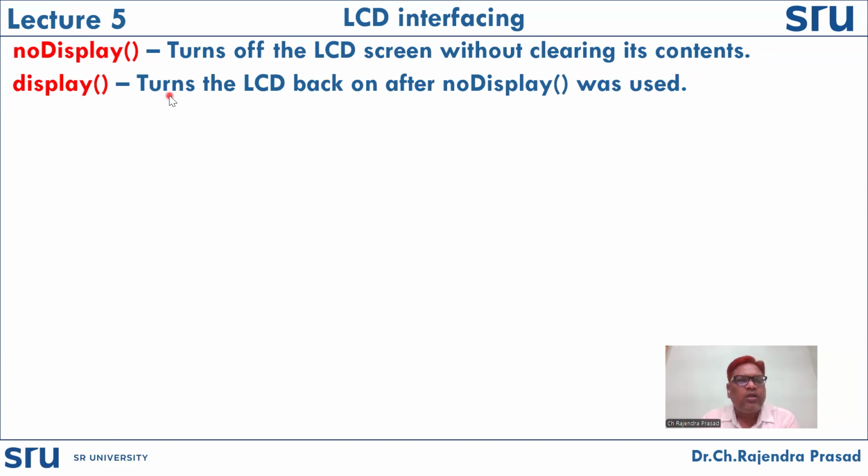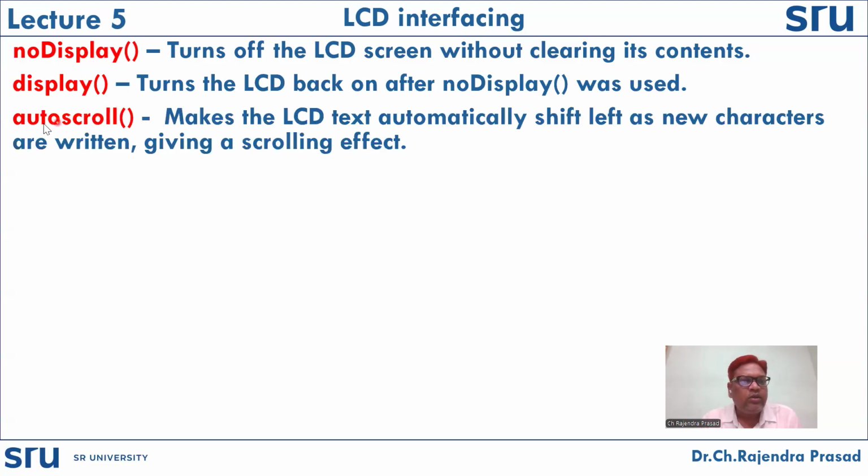This command, display, turns the LCD back on after noDisplay was used. So previously we used noDisplay. Then again we need to get back whatever display is available. To get that data, we need to use display. Then autoscroll. This autoscroll makes the LCD text automatically shift left as new characters are written, giving a scrolling effect.